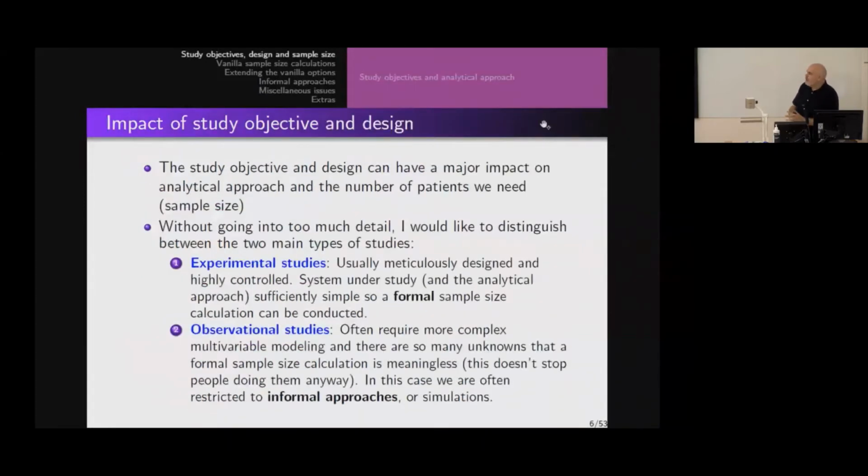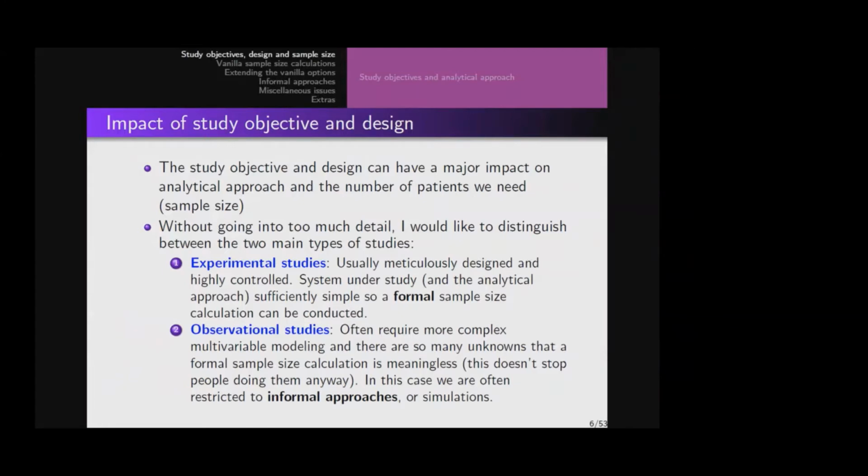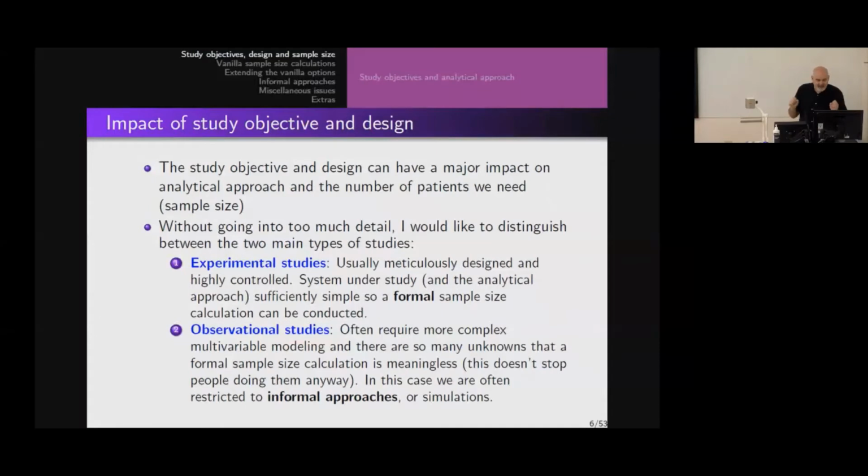Okay, so the first thing I want to talk about is study objective, and I should say design. The study objective and design are going to have a major impact on what analytical approach we use and the number of patients we're going to need. I don't want to go into too much detail about various study designs. There's lots of them. I want to split them into two main groups.